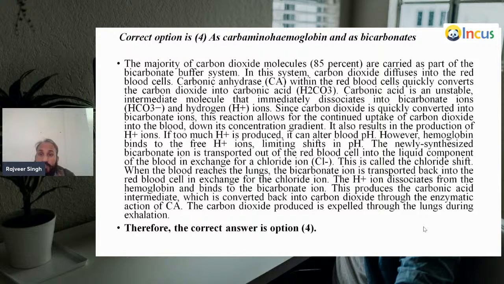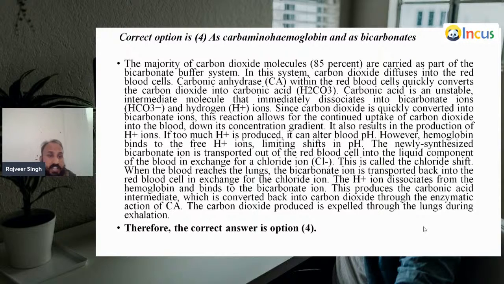Since carbon dioxide is quickly converted into bicarbonate ions, this reaction allows for the continuous uptake of carbon dioxide into the blood down its concentration gradient. It also results in the production of H plus ions. If too much H plus ion is produced, it can alter blood pH. However, hemoglobin binds to the free H plus ions, limiting the shift in pH.